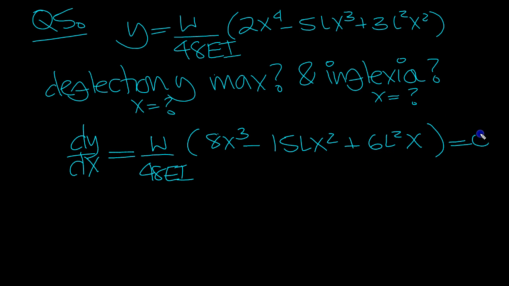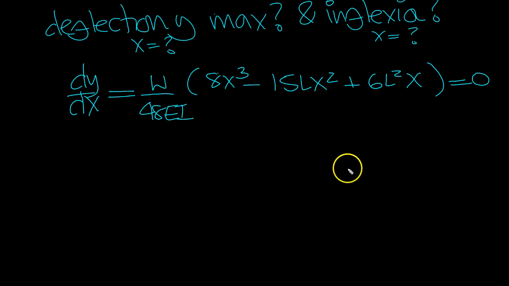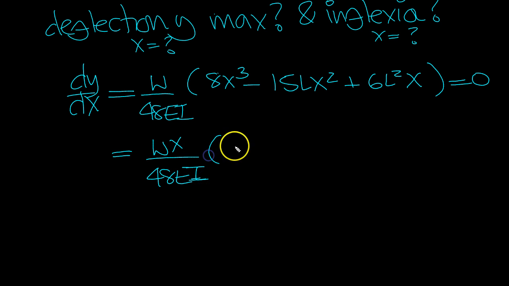Okay, let that equal 0 then. Now, here we've got an x common all the way through. Let's take the x out then. wx over 48 EI times, 8x squared minus 15lx plus 6l squared, equals 0.